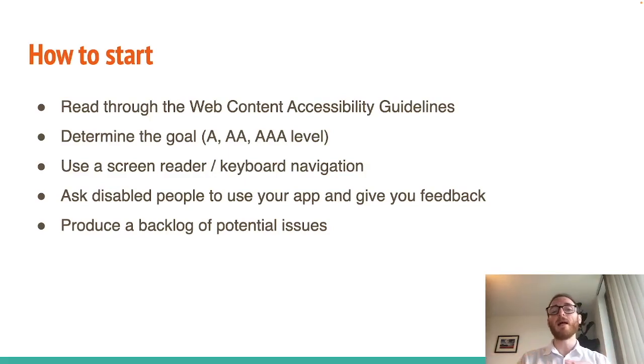So if you are not achieving a single A guideline, you're really doing a really poor job in terms of accessibility. It's the bare minimum. You could kind of consider it barely compliant. I'm going to talk about compliance as an issue later, but this is really bare bones accessibility.